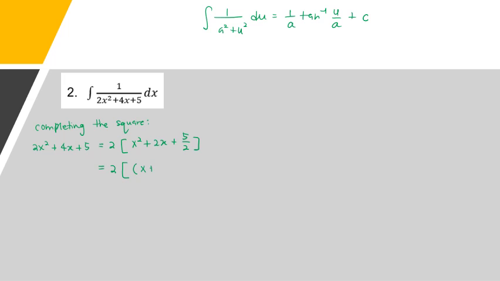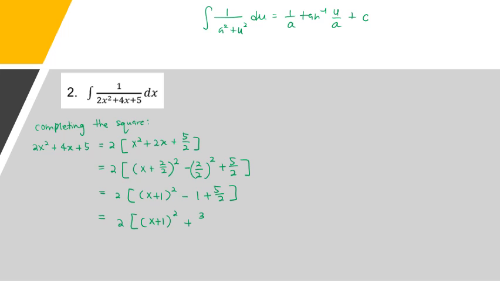So that x plus 2 over 2 square minus 2 over 2 square plus 5 over 2. Okay, simplify. So become x plus 1 square minus 1 plus 5 over 2. Simplify lagi, x plus 1 square plus 3 over 2. Okay.